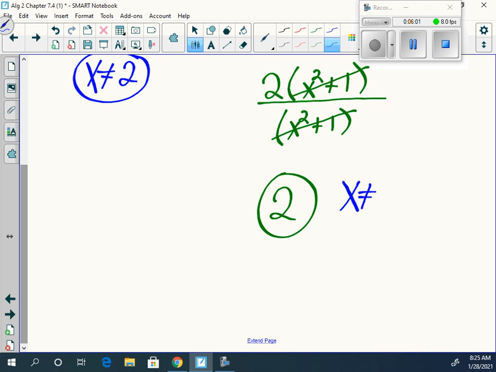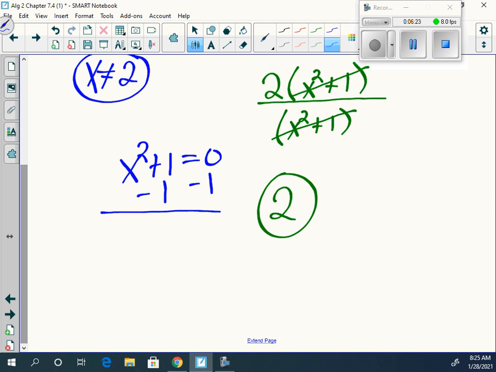Now, if we look for zeros, x squared plus 1 equals 0. Well, we could subtract 1 from both sides, yes?